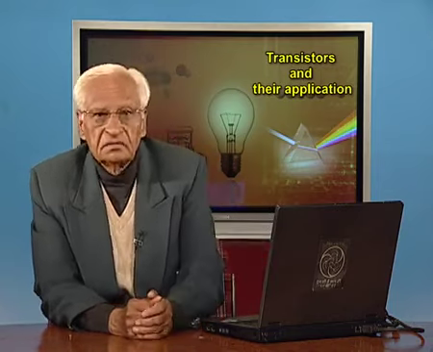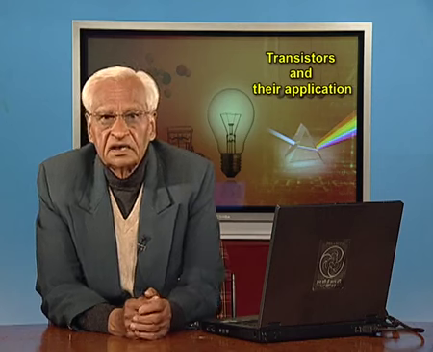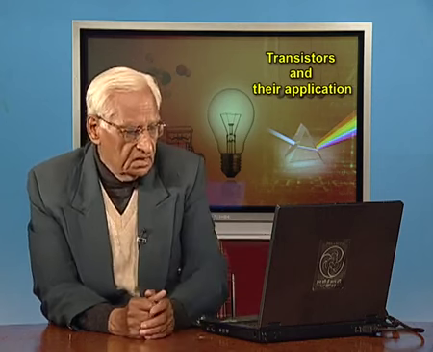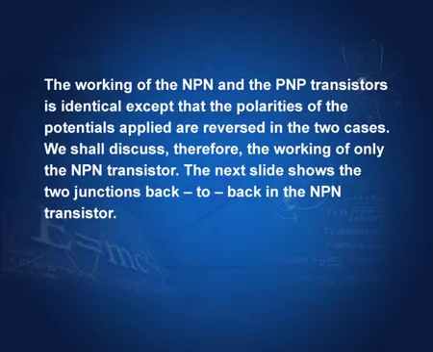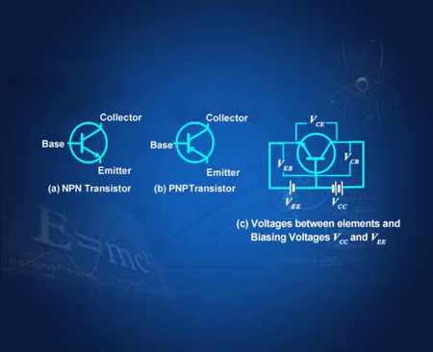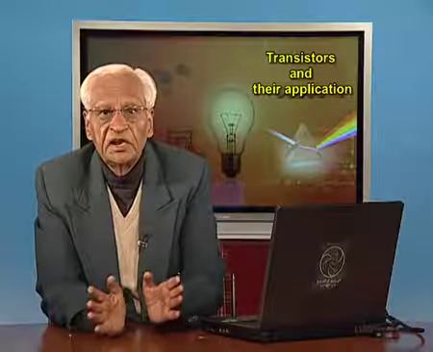If the arrow is going in, as in this case, then it is a PNP transistor. The various bias voltages are shown here. The working of NPN and PNP transistor is identical, except the polarities of the potentials applied are reversed in the two cases. For example, this is NPN; if we had PNP, then this polarity would be reversed and this polarity would also be reversed. That is the only change.